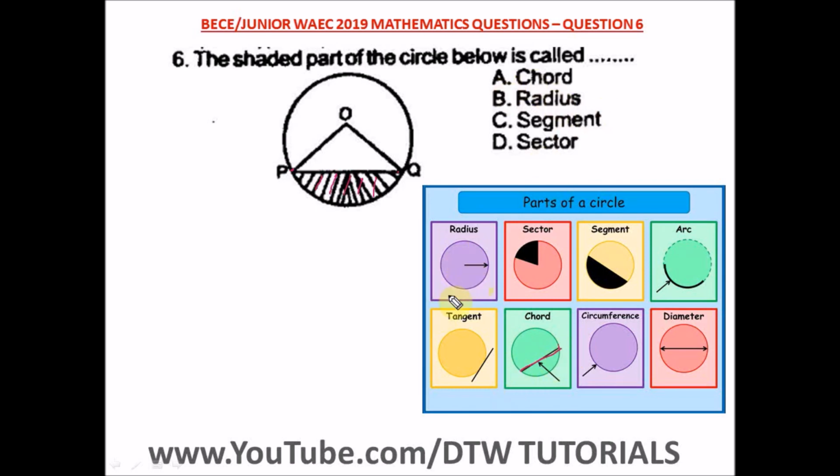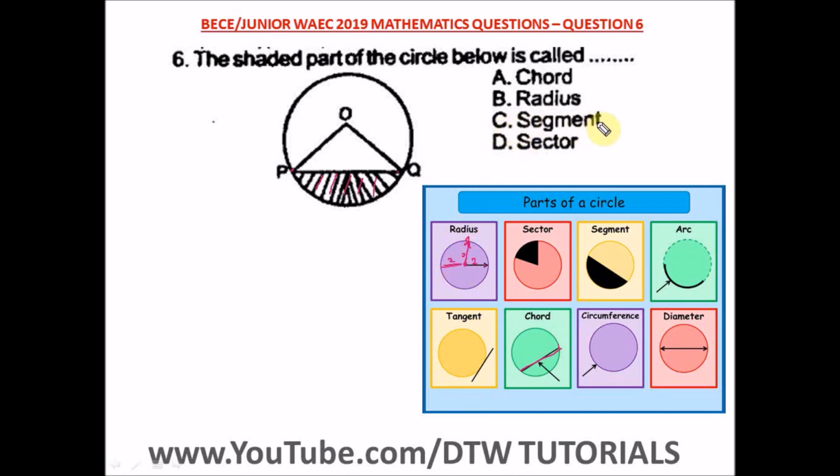Okay, it says a radius. No, a radius is a line that goes from the center of the circle to any point on the circumference. So if your radius is 2 here, your radius definitely here will be 2. Anywhere it touches on the circumference, as far as it is from the center of the circle, the radius will be what? The same.